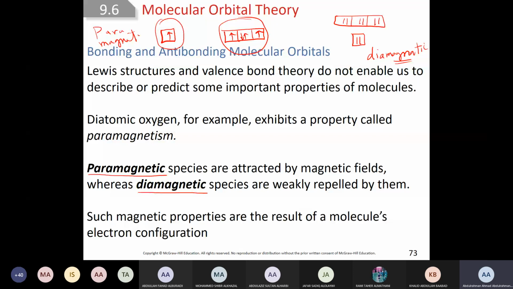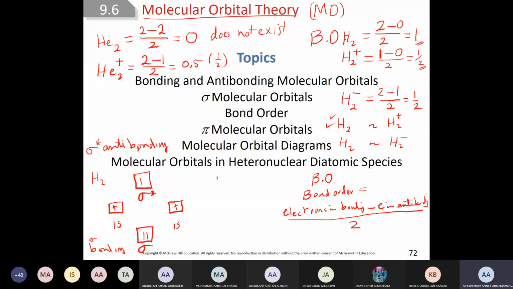And paramagnetic means it's attracted to the magnet. All right? What's para and diamagnetic? Let's go back to hydrogen and see now. H2 molecule, is it going to be paramagnetic or diamagnetic?